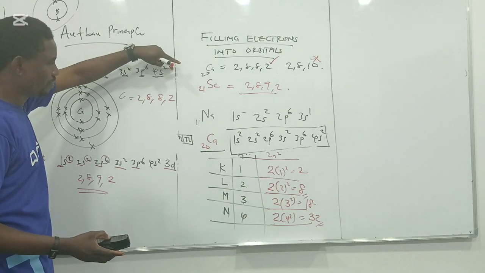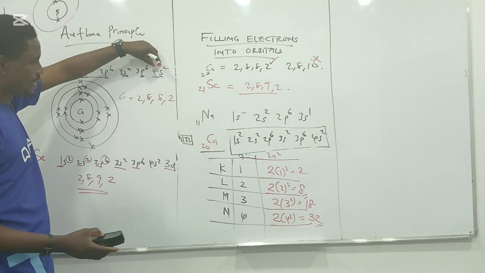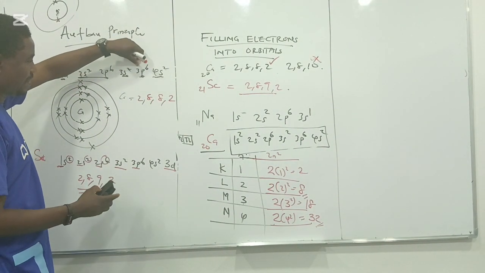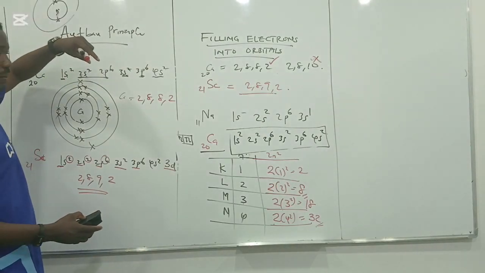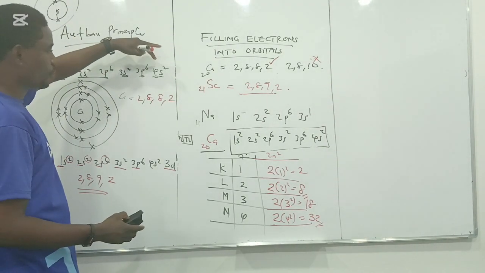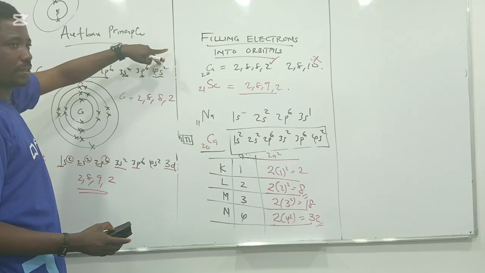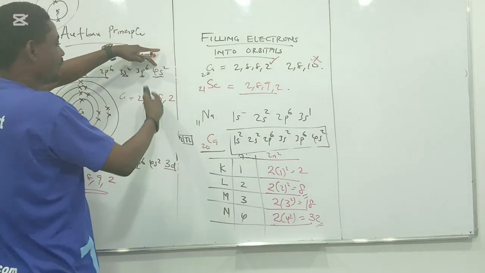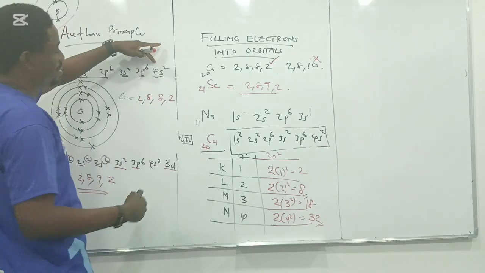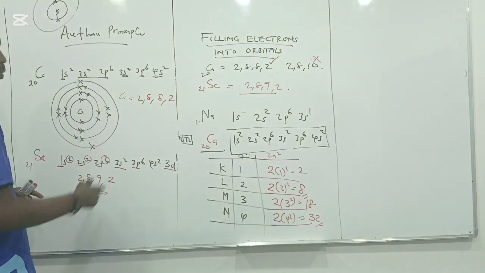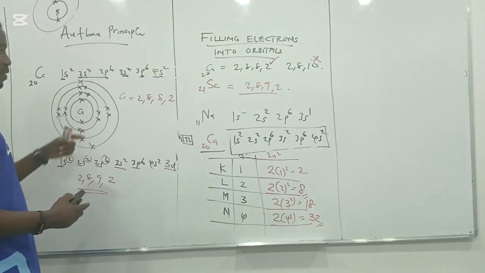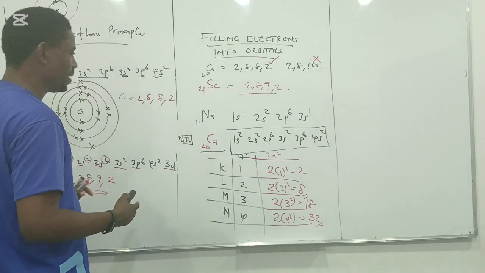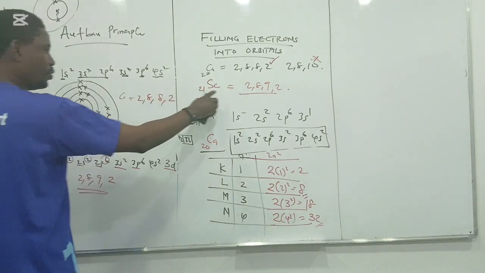In the absence of 3d, the last energy level after 3p is 4s, so that is why the electrons go into it. But when electrons come into the 3d orbitals, it becomes a bit lower than 4s. So there is this energy overlap between 4s and 3d, and that is why you see this.